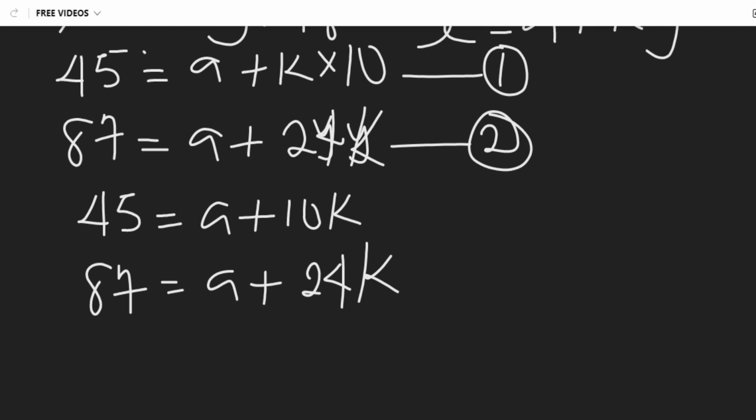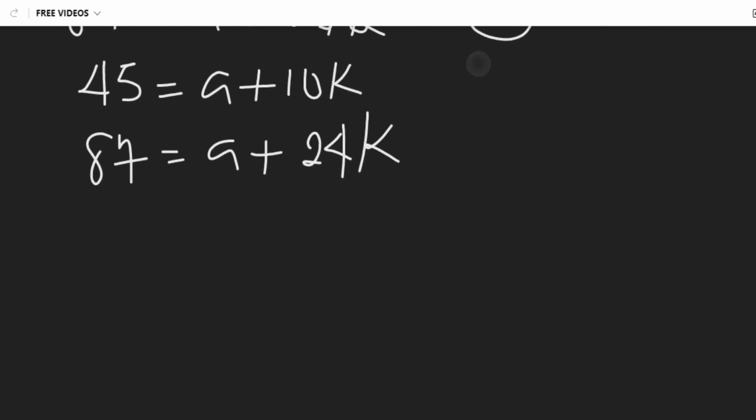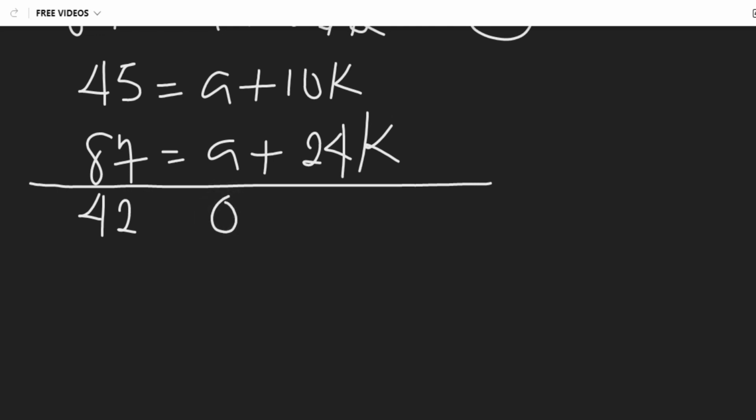Now we're going to solve these equations simultaneously, using the elimination method. To solve this, we are going to subtract equation 1 from equation 2. We have 87 minus 45, that will give us 42, and then a minus a will give us 0.